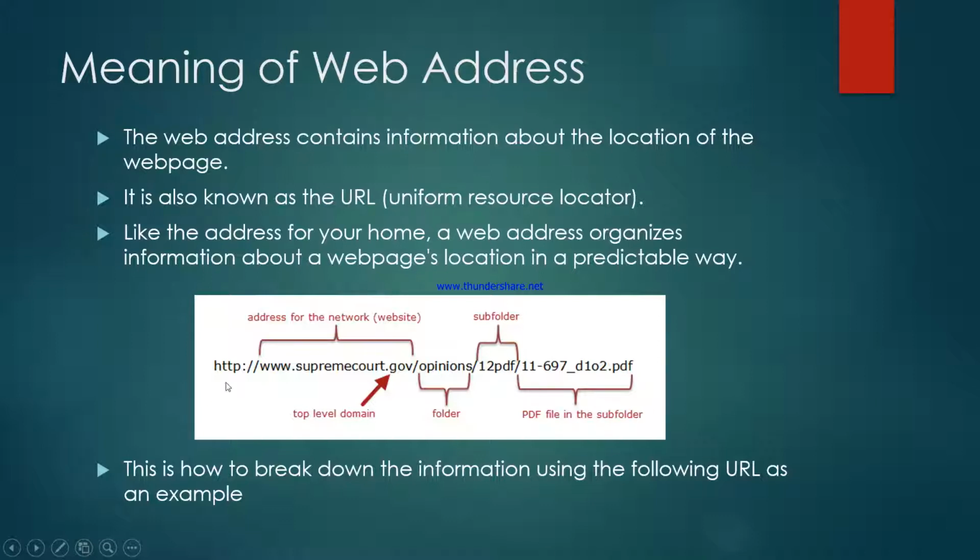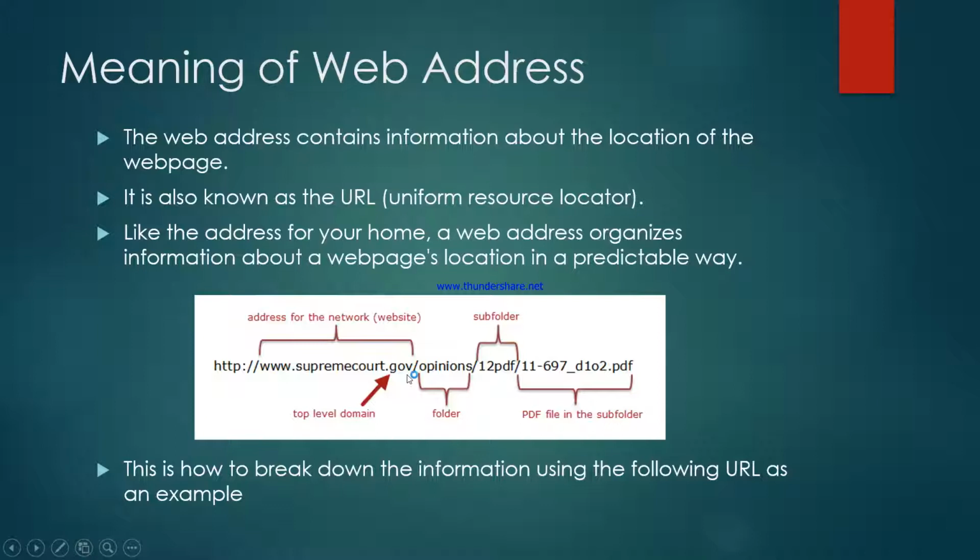This is called URL. URL means Uniform Resource Locator. So this is the web address. This web address consists of different things. First, we are able to see www.supreme-court.gov. This part is called the address of the network or the website.